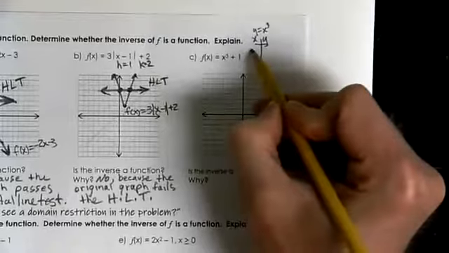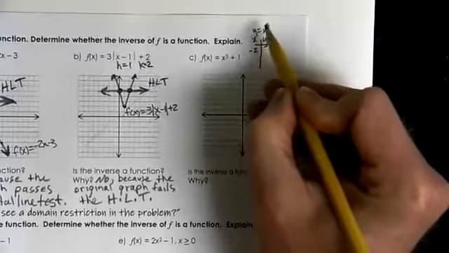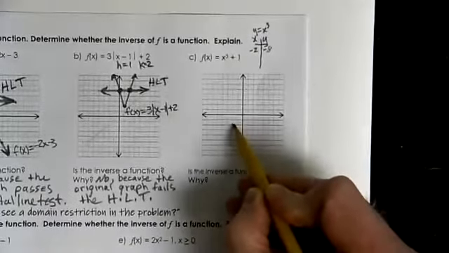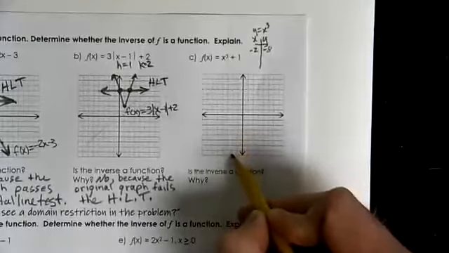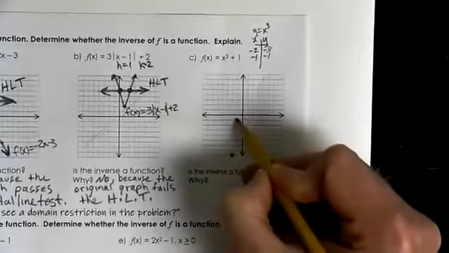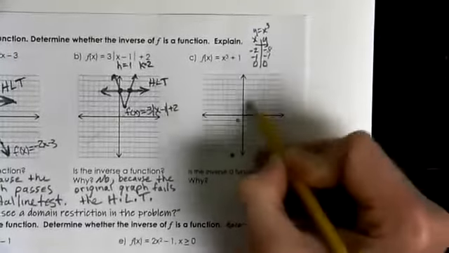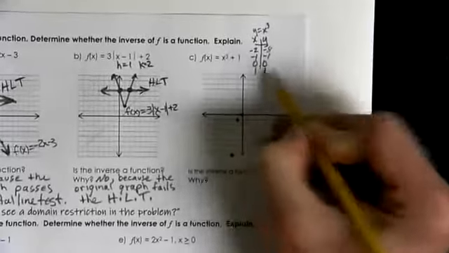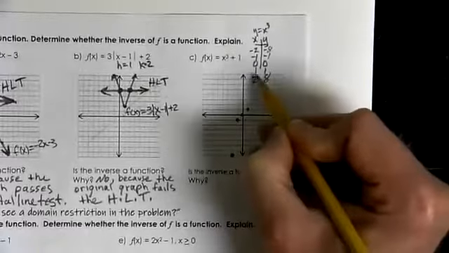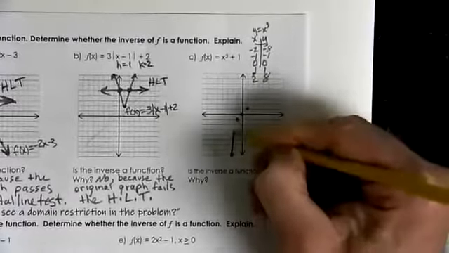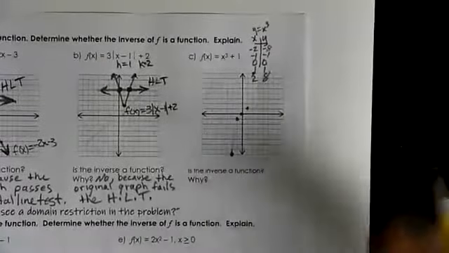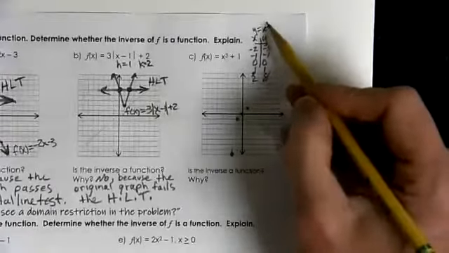If you were to plug in -2, -2 times -2 times -2 is -8. -1 times -1 times -1 is -1. 0 times 0 times 0 is 0. 1 times 1 times 1 is 1. 2 times 2 times 2 is 8. So you know that those are the points of x cubed.